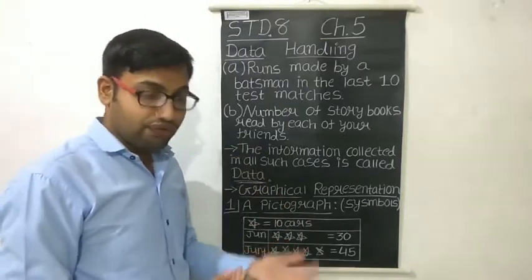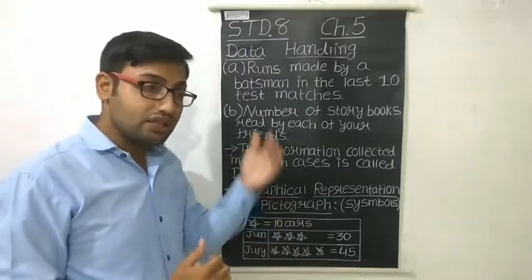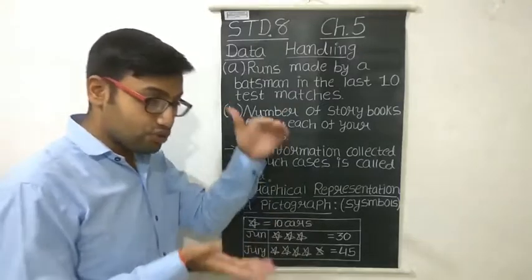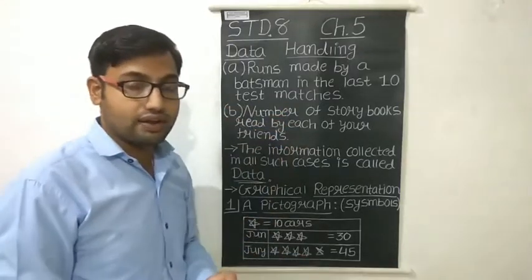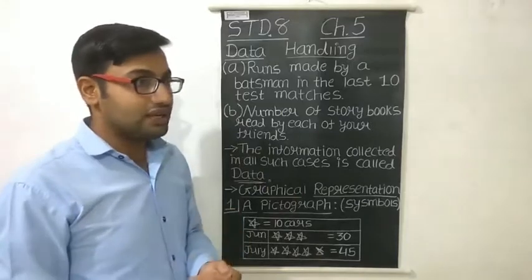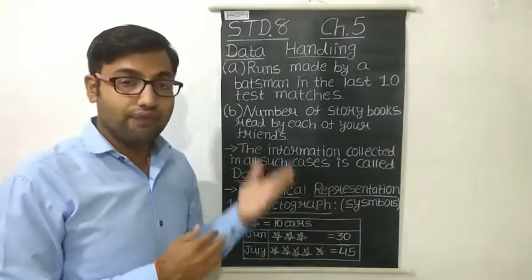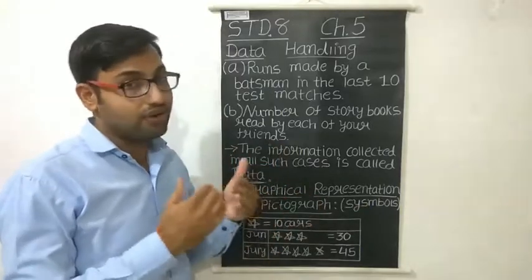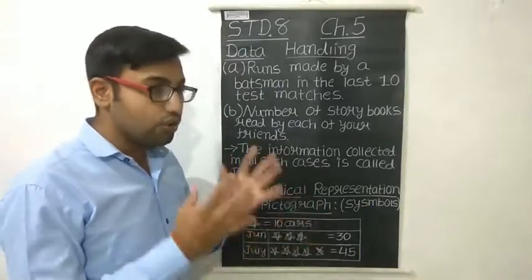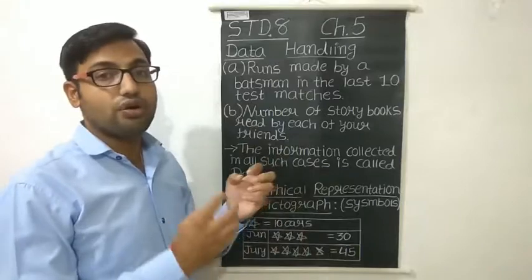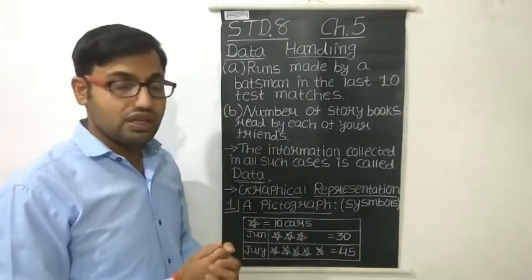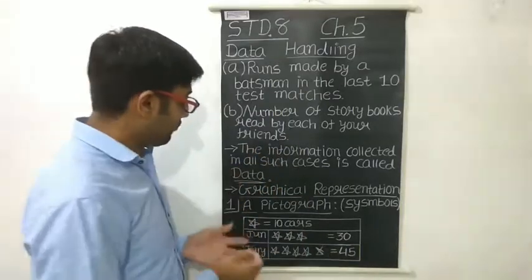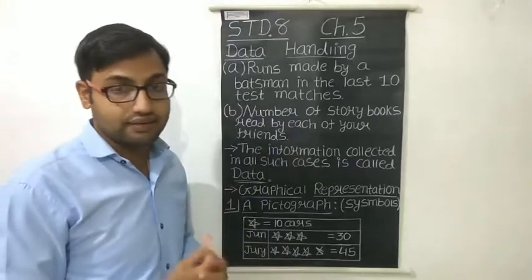Out of 50 marks, how many marks each student gets also becomes a collection of data. One more example: let us consider the height of the students of class 8. All the students have different heights, so that will also become a collection of data. Now it is clear what we can call data.